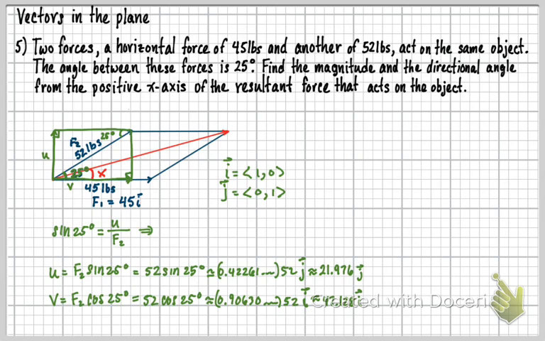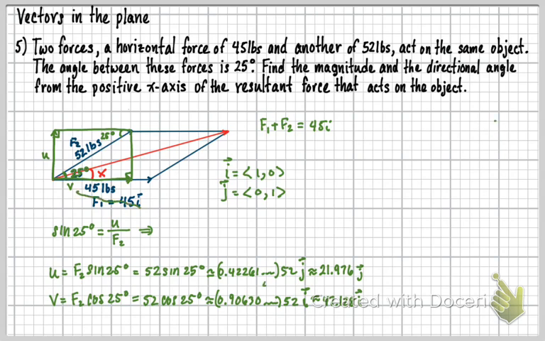So now for my F1 plus F2, because that's what I'm looking for here, that's going to give me that resultant force. That's going to simply be my 45I, which was my F1, and that was here.